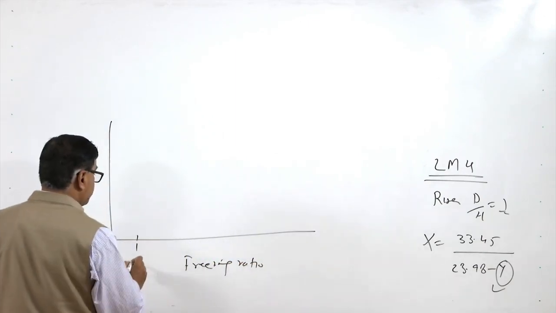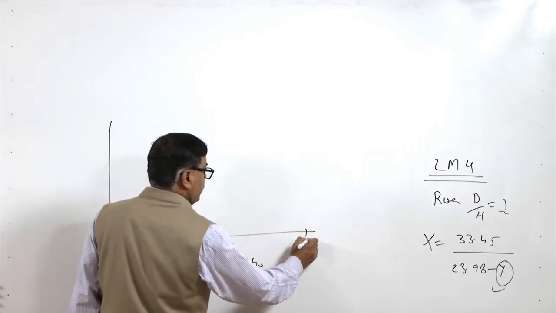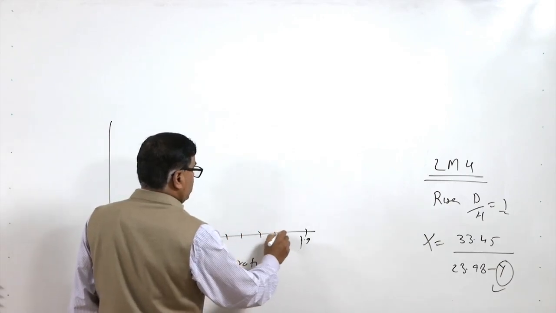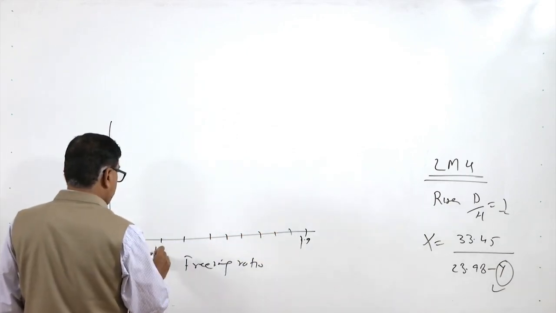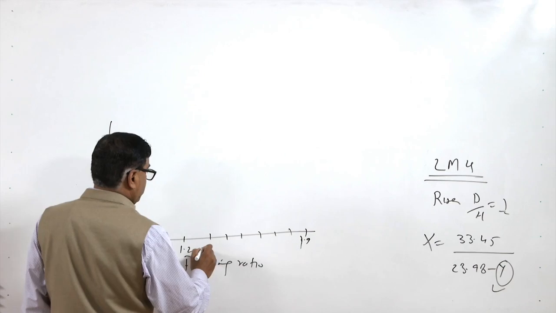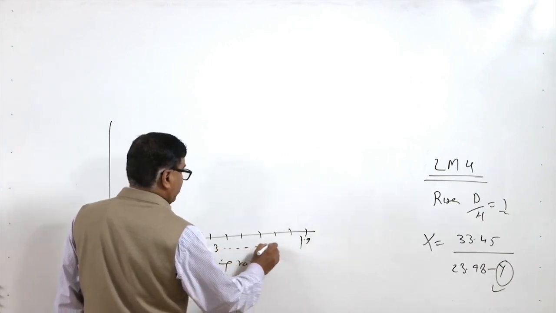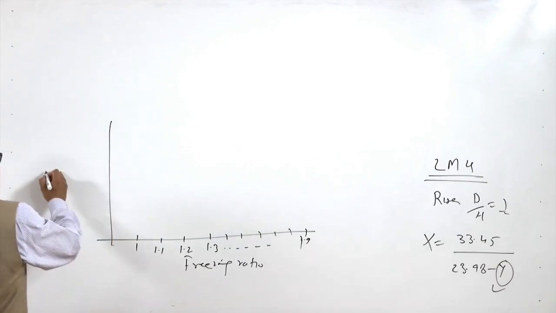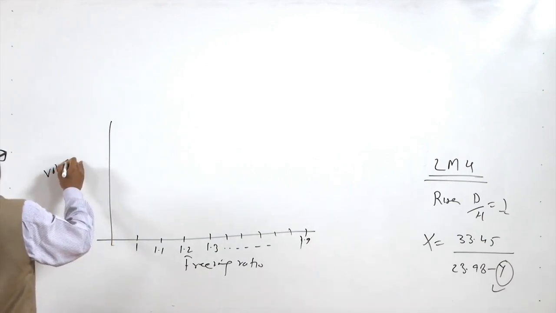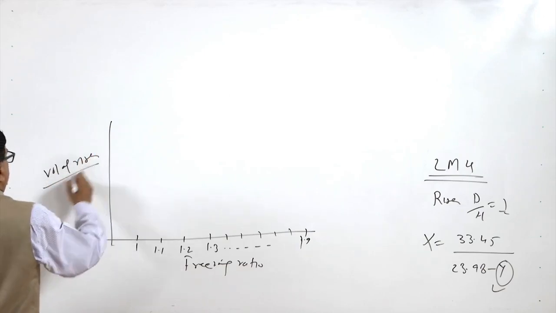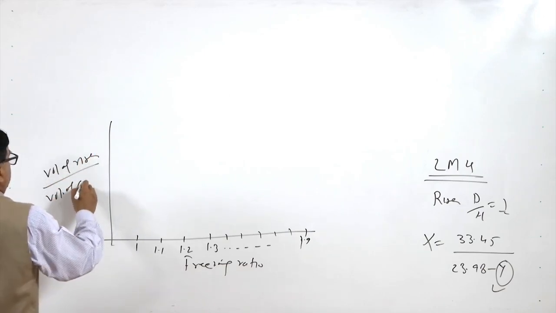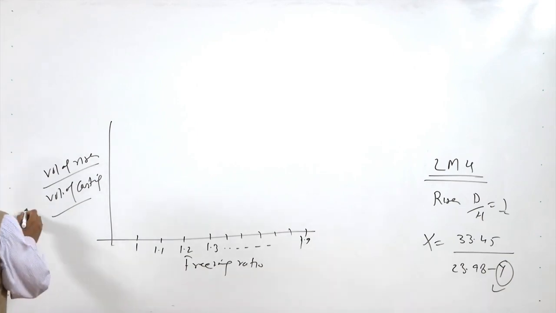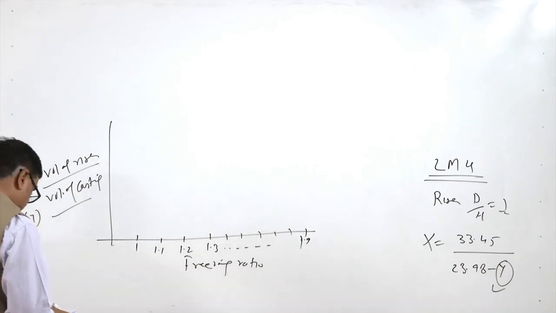So, freezing ratios from 1 to say 1.9 at intervals of 0.1: 1, 1.1, 1.2, 1.3 and likewise to 1.9. And here the volume of the riser to the volume of the casting is basically the value of y in our equation.